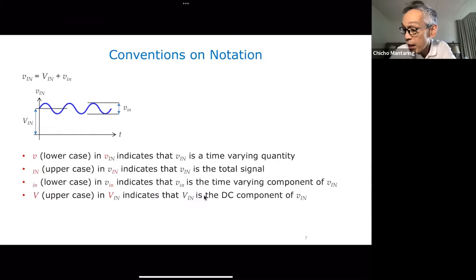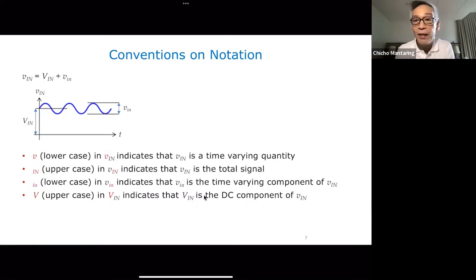So this capital V, capital IN indicates that that is the DC component of V in. Are there any questions with respect to this convention? The thing here is to be careful with the case that you use for both the variable and the subscripts. Depending on the case, you get an idea what that particular variable is.